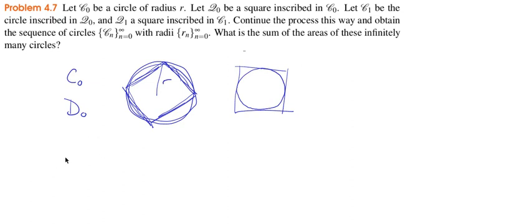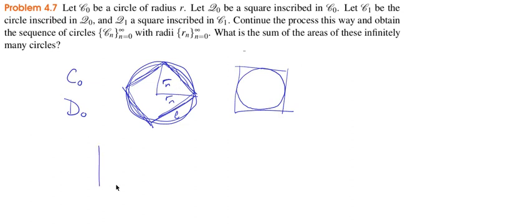Okay, so let's see. Suppose we have a circle with a radius r sub n, in general. Now the side of the square, if you compute this, is r sub n, and this is r sub n, right?